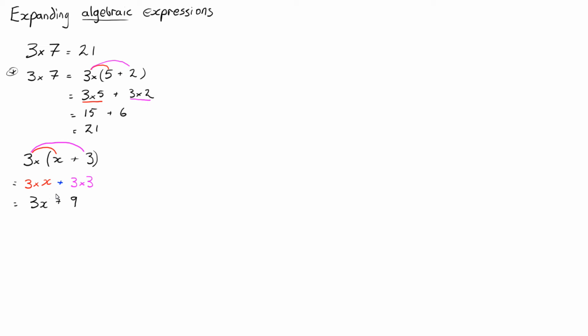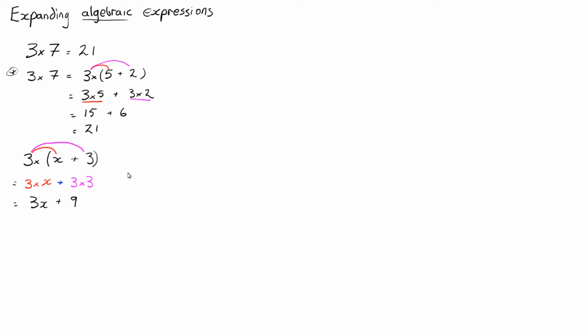So I've applied the same ideas from our number system to our algebraic expression to give me an answer of 3x plus 9. That's as far as I can go for this example, because I don't know what x is, so I don't get a whole number, but I do get an expression by expanding the brackets.